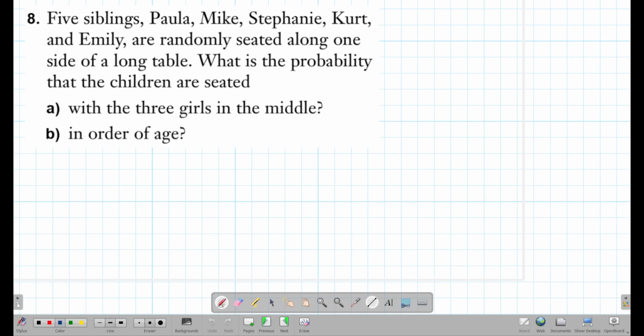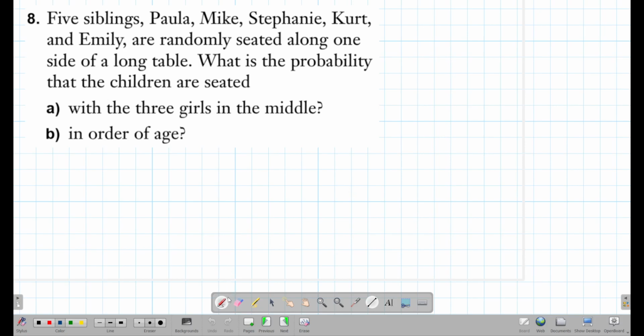Okay. This is question 8 from the chapter 6 test in your textbook review questions. In this question, we have 5 siblings: Paula, Mike, Stephanie, Kurt, and Emily. They're randomly seated along one side of a long table. What is the probability that the children are seated with the 3 girls in the middle and in order of age?